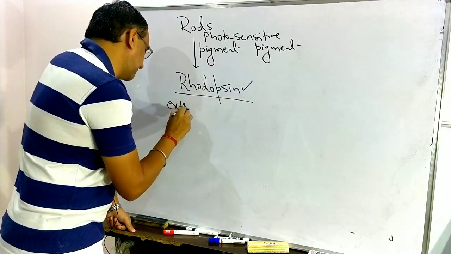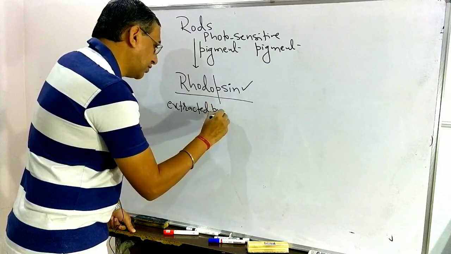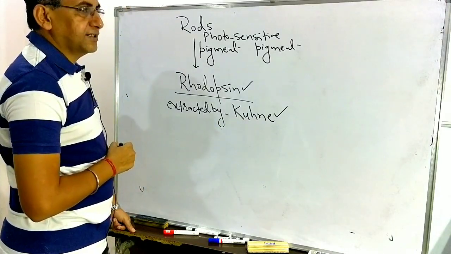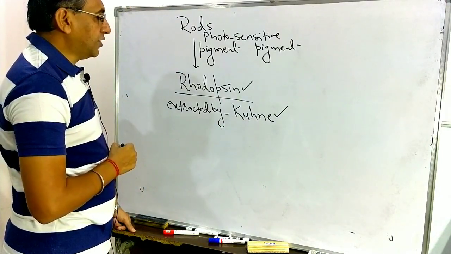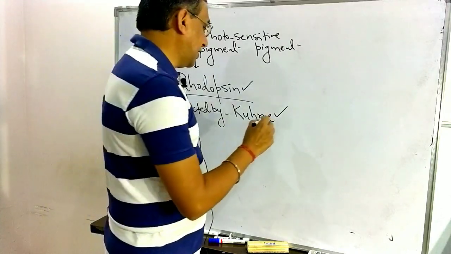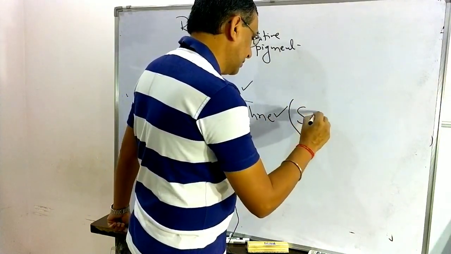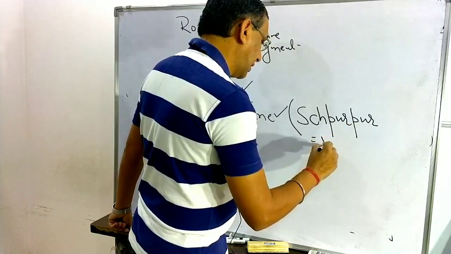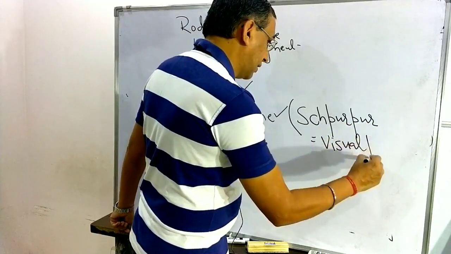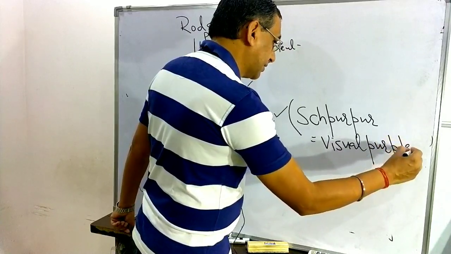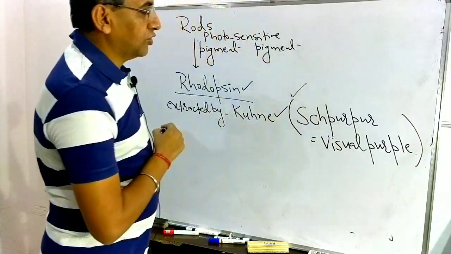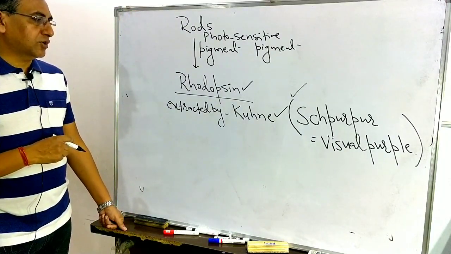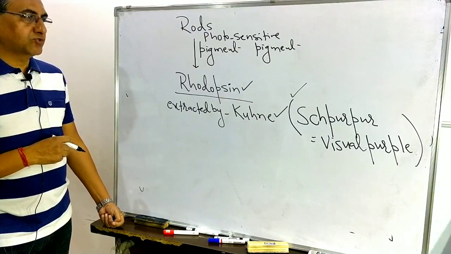Rhodopsin was extracted by Kuhne. It is also known as sepulpa, or it is also known as visual purple.